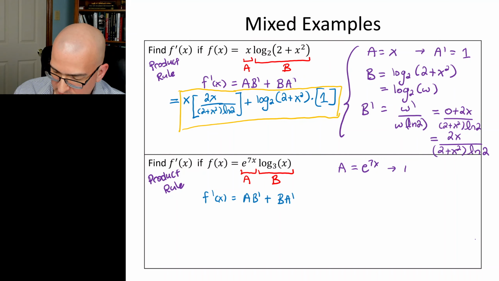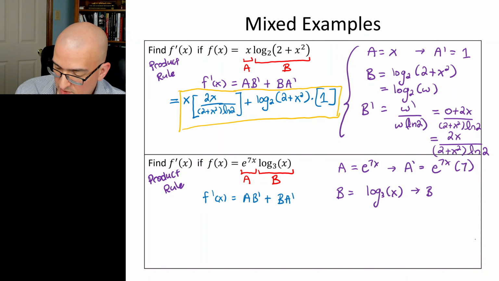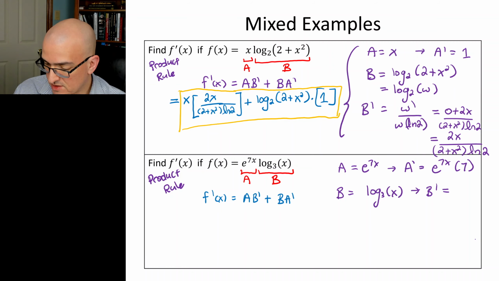When we take the derivative for a prime, that's e to the power of w, so e to the w times w prime, e to the 7x times 7. For b, it's log base 3 of x, and b prime requires our special derivative rule for log functions, 1 over x times the ln of 3.